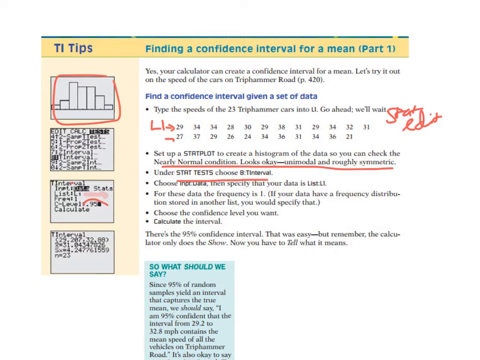Okay, your confidence level is always going to be 95% unless they tell you otherwise. And then once you hit enter, it gives you the interval, the mean, your standard deviation, and the sample size. So you can see whether it fits in that interval or not, which is kind of nice for the nearly normal condition. So hopefully that went okay.